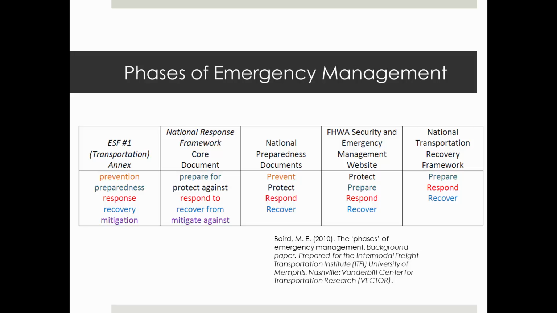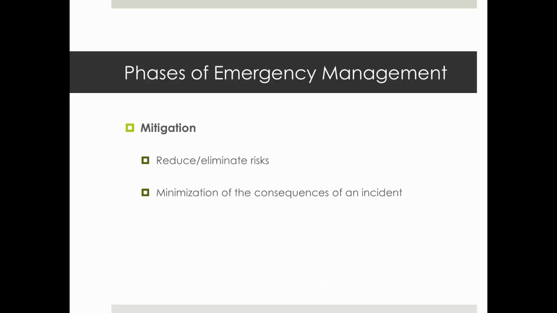The National Response Framework has 5 there, and then the National Transportation Recovery Framework. So there are all these different ones that are out there on the World Wide Web, but the ones you need to know are the 4 that I am presenting to you.